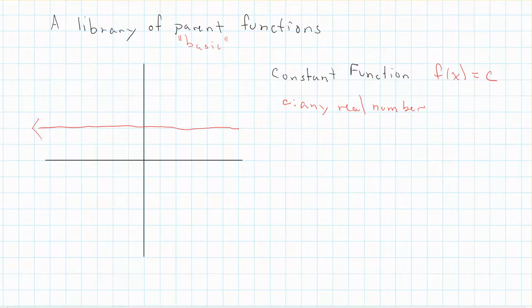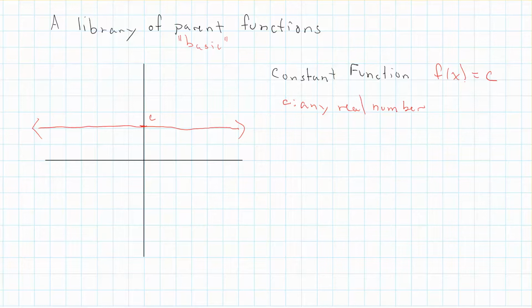What we end up getting is just a horizontal line. And then the y-intercept here is, of course, just c. One thing that's important again is that f of x equals c is still a function, it still passes the vertical line test, but there's no x, so that's why it's just always a constant value.